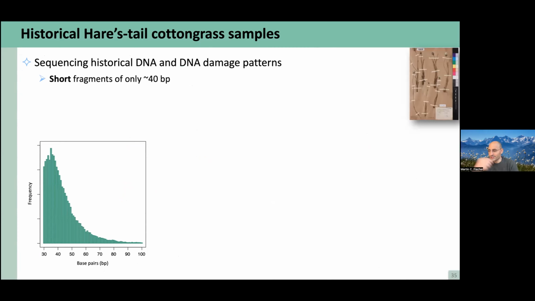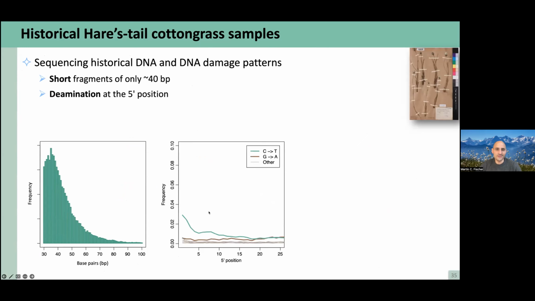Just to show you that working with herbarium samples is quite tricky. Sequencing historic DNA has a big problem in that you have DNA damage, in terms of very short DNA fragments. In our case, it's only about 40 base pairs. You have the deamination of the ends of the reads, so the C to T transformation at broken DNA sites.